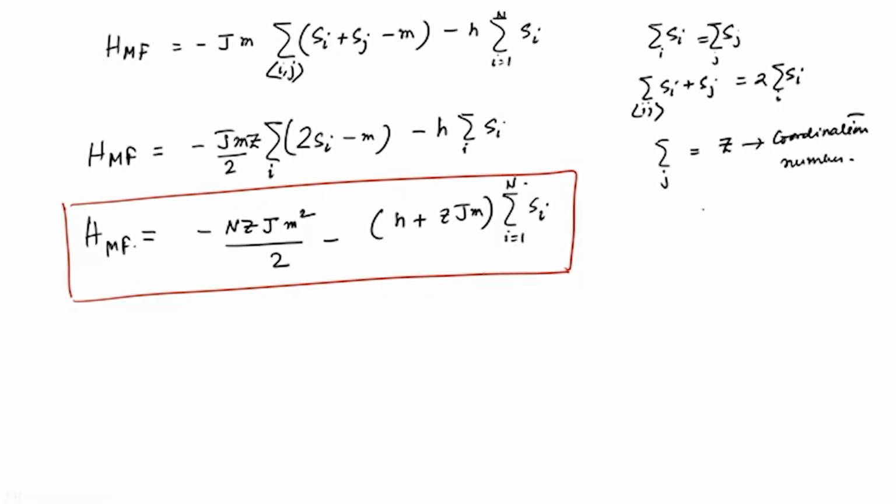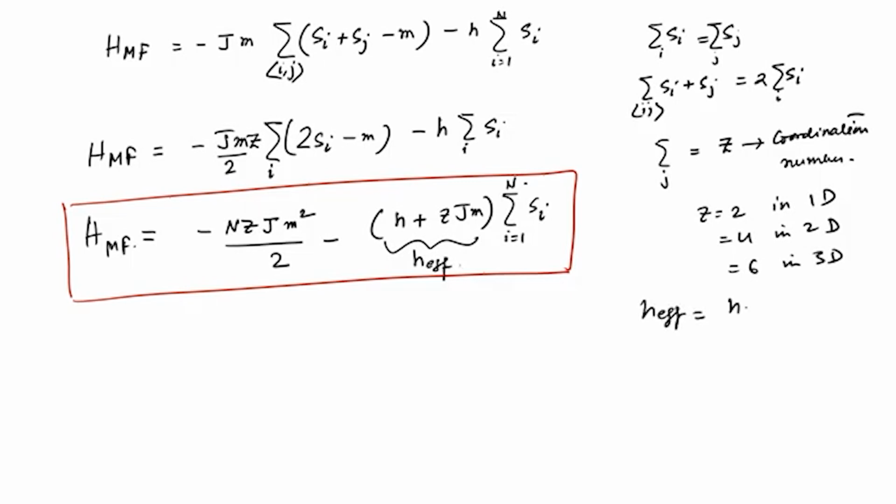So, let me just write z equal to 2 in 1D, equal to 4 in 2D, equal to 6 in 3D. Okay. So, this can be written with an H effective, where H effective is nothing but H plus zJm. All right.